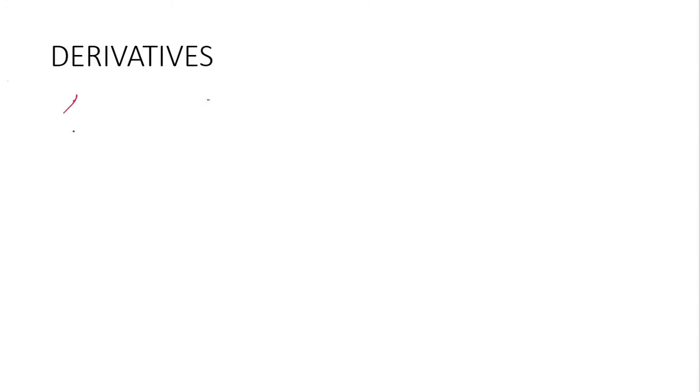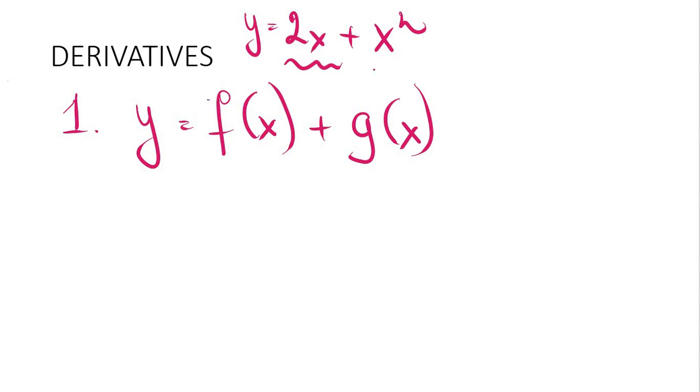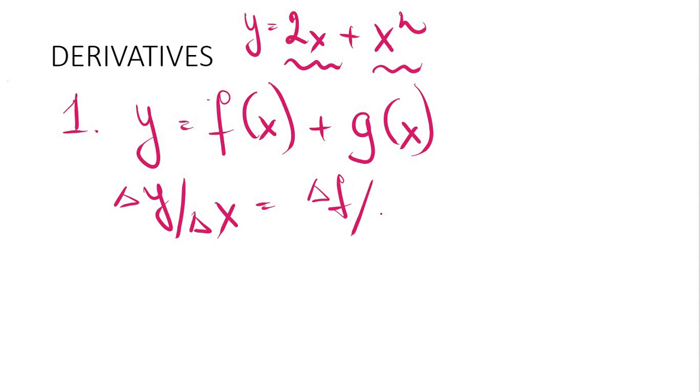So first of all, if y is a linear combination of two functions of x, let's say y is equal to 2x plus x squared, where this one is f of x and this one is g of x, then the derivative of y with respect to x will be equal to the derivative of f with respect to x plus the derivative of g with respect to x.